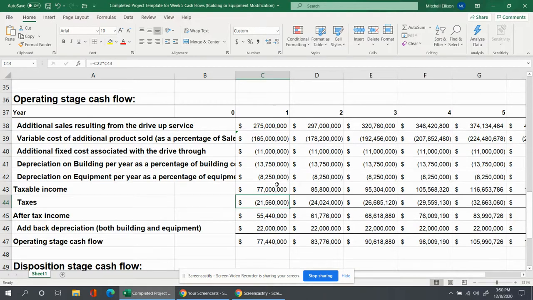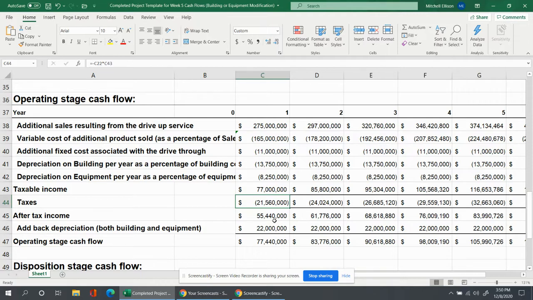You're going to add back depreciation because remember, depreciation is the cash flow actually occurred in year zero when you bought the building and the equipment. We subtract depreciation for tax reasons because the IRS doesn't allow us to expense it up front.